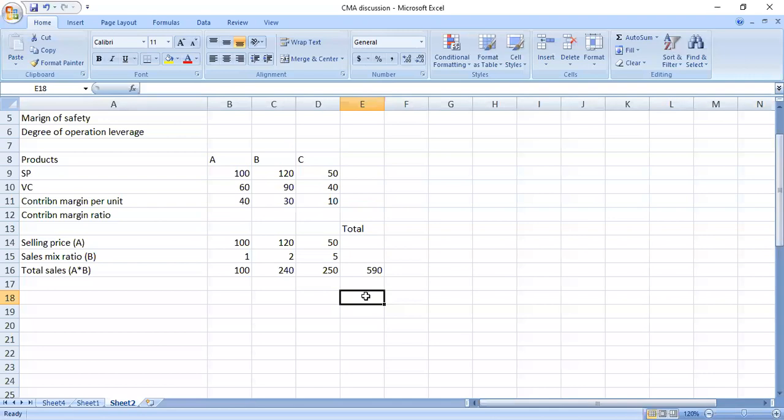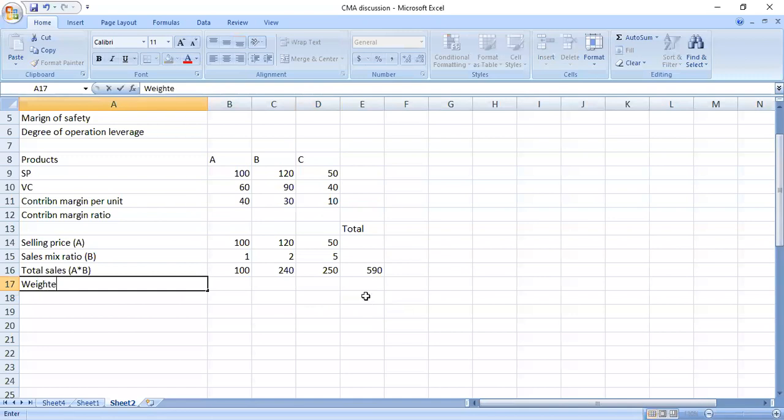So my weighted average contribution ratio will be the summation of the contribution margin ratio times the sales revenue ratio.